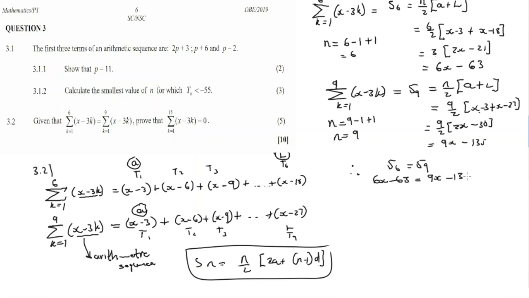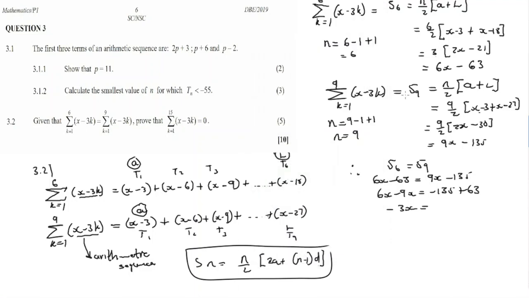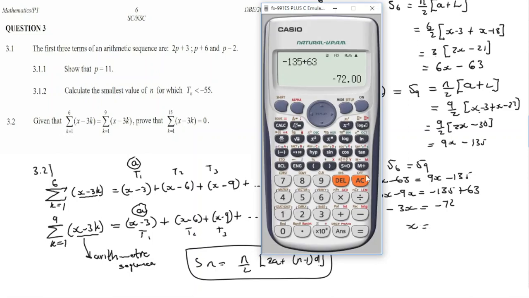It's 6x minus 63 is equal to 9x minus 135. Now I can calculate the value for x: 135 plus 63, negative 6x minus 9x is negative 3x, and then minus 135 plus 63 is equal to negative 72, and then x is equal to, divide both sides with negative 3, ngithola ubani 24.